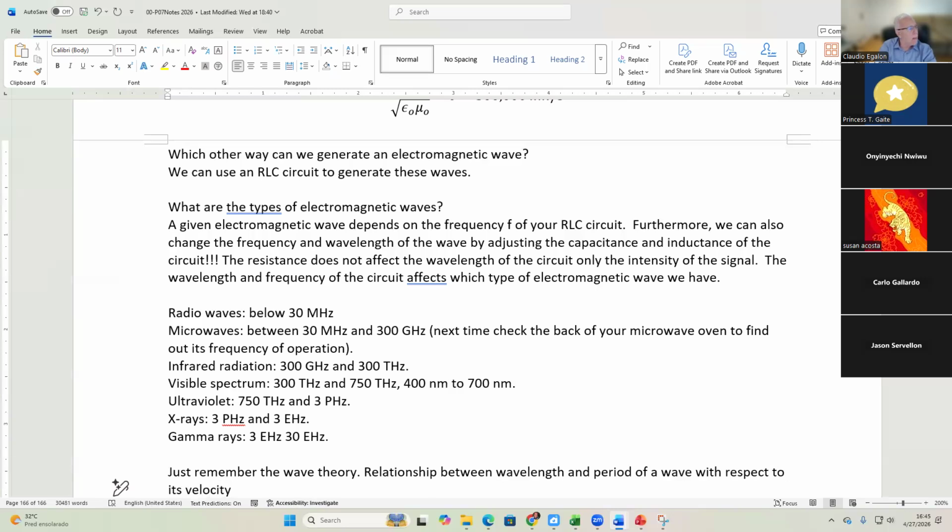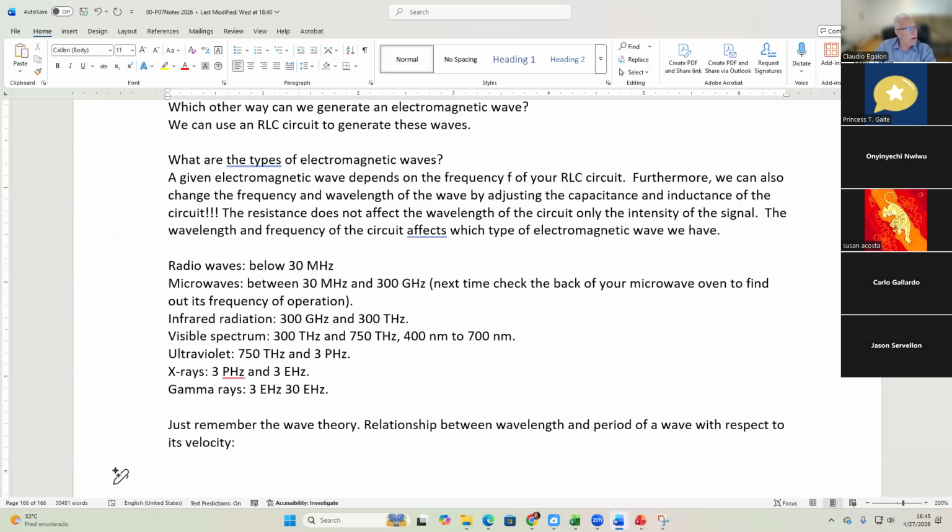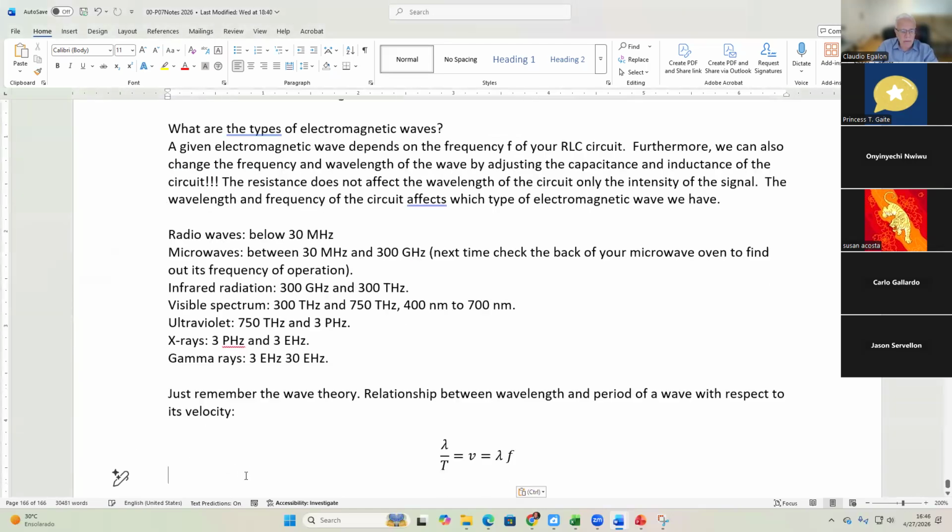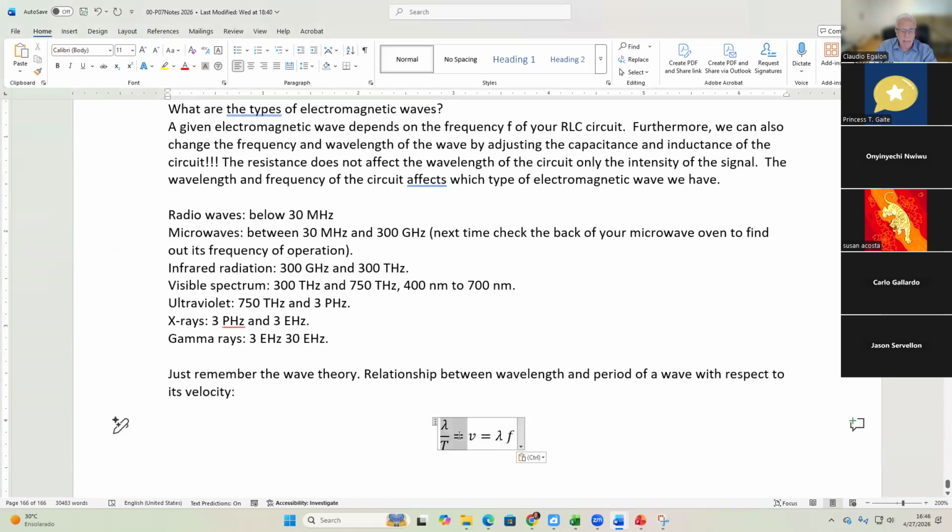Remember the velocity of a wave is going to be distance divided by time. It's not difficult to memorize that, right?